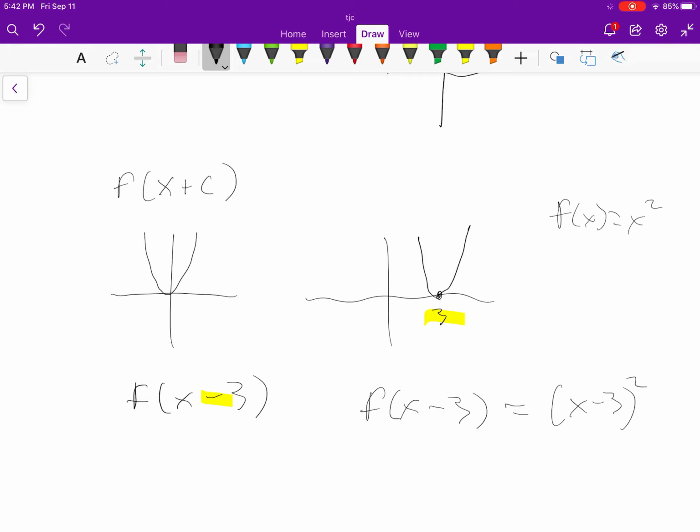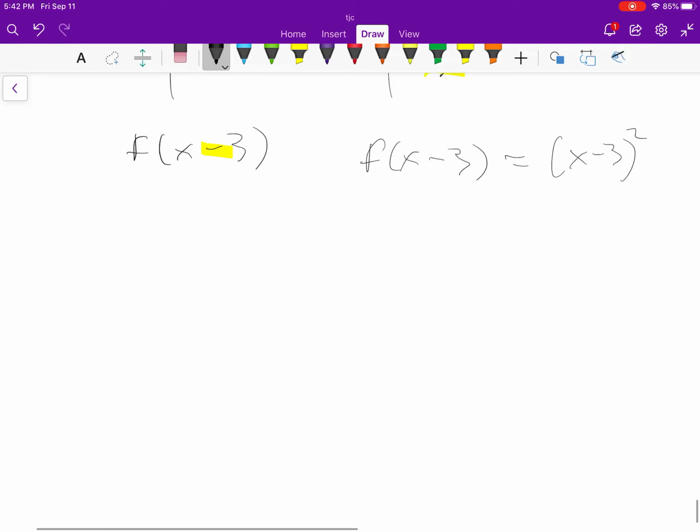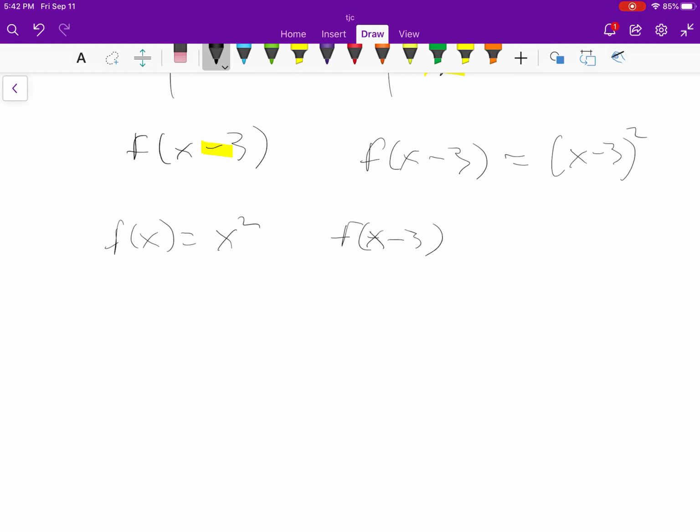Now, if we wanted to move it to the right 3 and then up 5, we could take our original function, f of x equals x squared, and move it to the right 3, x minus 3, plus up 5. So if we're taking the x squared function and moving it to the right 3 and up 5, that would be x minus 3 squared plus 5.